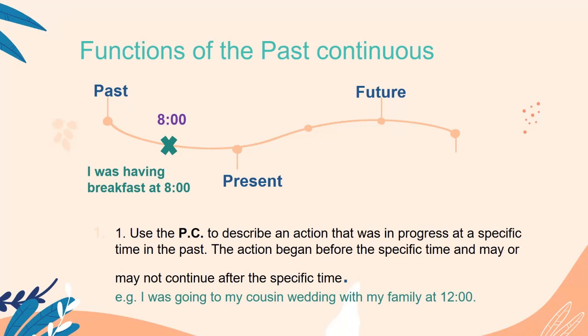Here we have an example. I was having breakfast at 8 o'clock. 8 o'clock is a specific time, and the action I was having breakfast began before this time and continued for a period of time in the past.